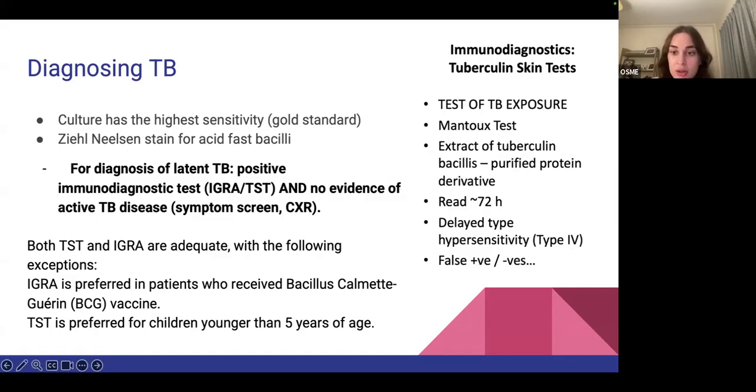The only issue is that if you've had the BCG vaccine, this is positive anyway, so the IGRA is preferred. The gold standard and the best way to test for TB is actually the Ziehl-Neelsen stain for acid-fast bacilli. So that's what will tell you it's TB in the question. And they love asking about this in lab med.